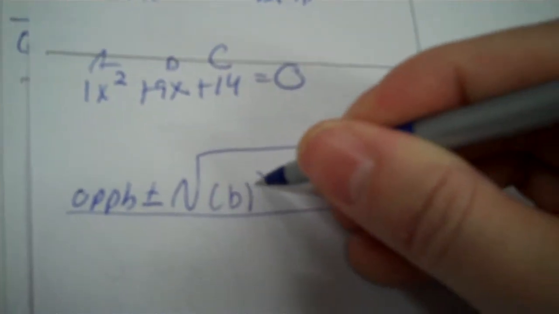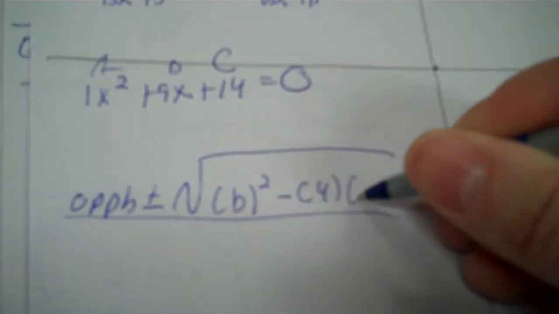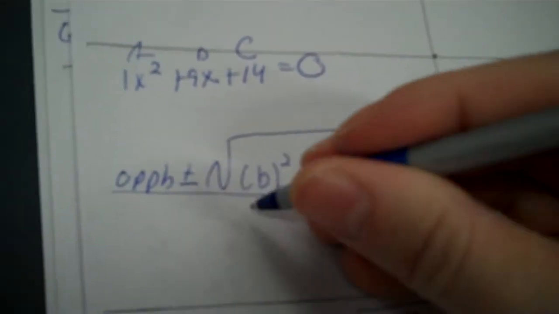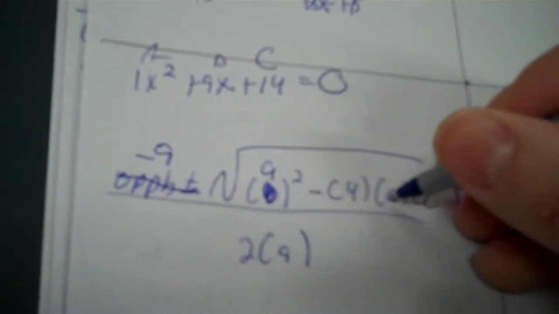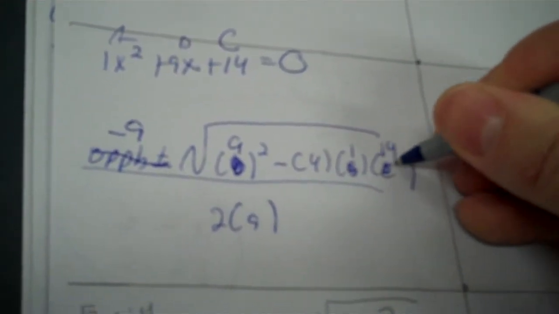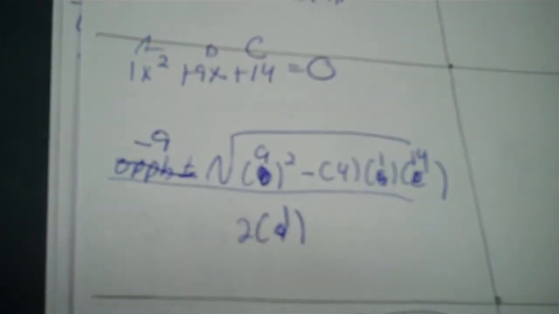So opposite of b, plus or minus the square root, b squared minus 4ac, over 2a. So that's negative 9, b is 9, 4a is 1, c is 14, and then a is 1, okay?